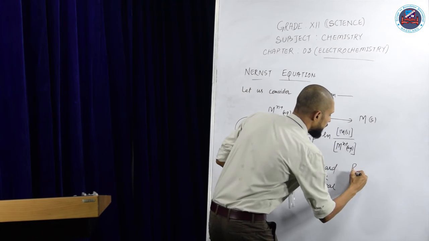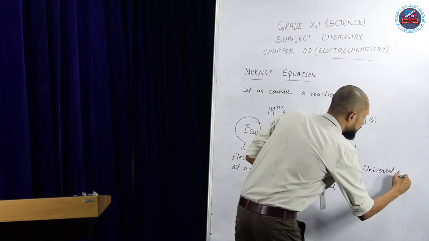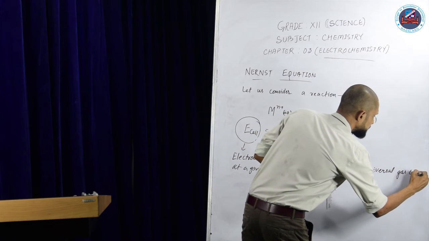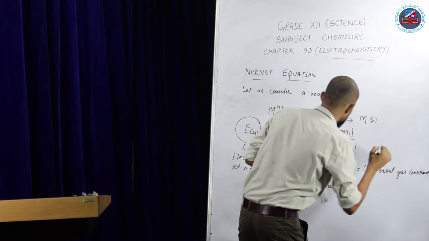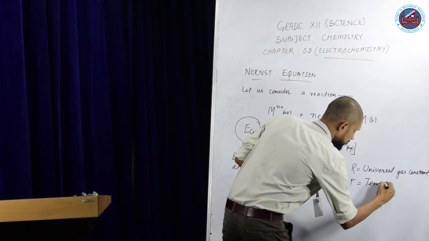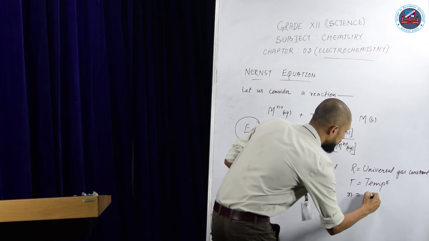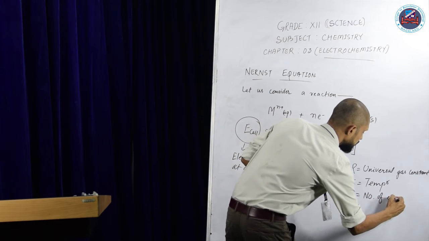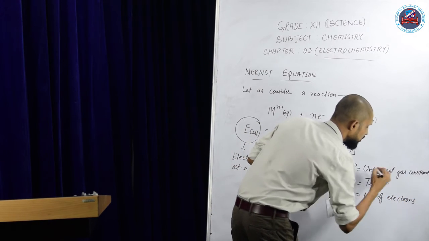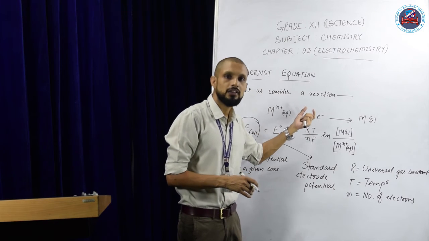R is the universal gas constant. T is temperature. n is the number of electrons. Number of electrons means the number of electrons which take part in the reaction.